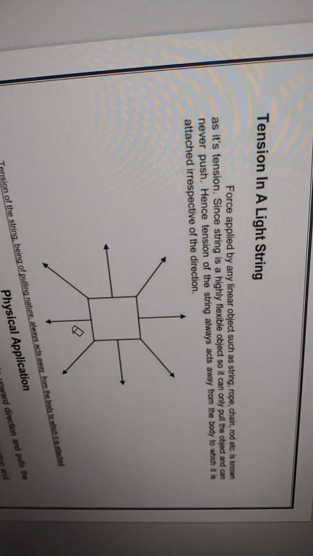Since the string is highly flexible, like a rubber band, it can come back towards its original position. So force applied by any linear object such as string, rope, chain, or rod is known as its tension.